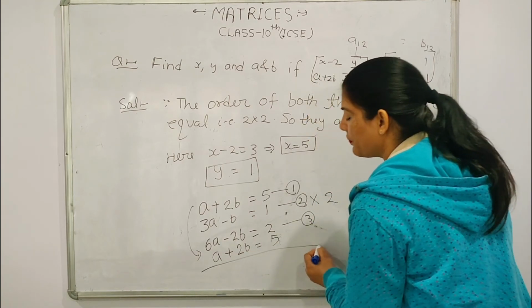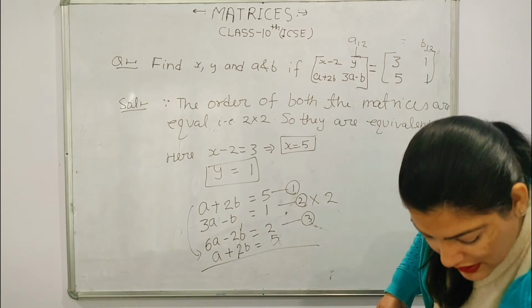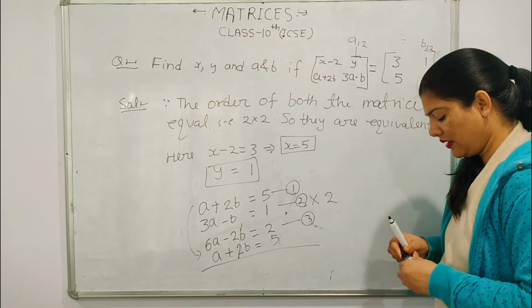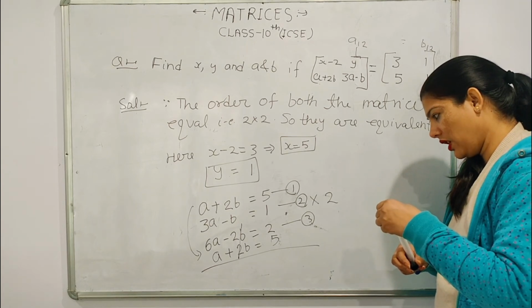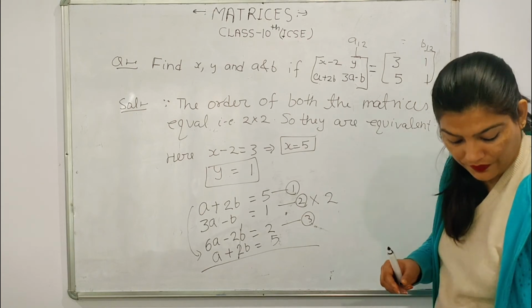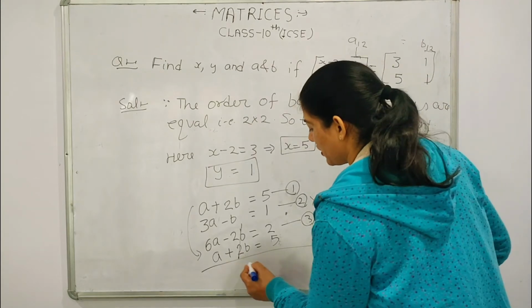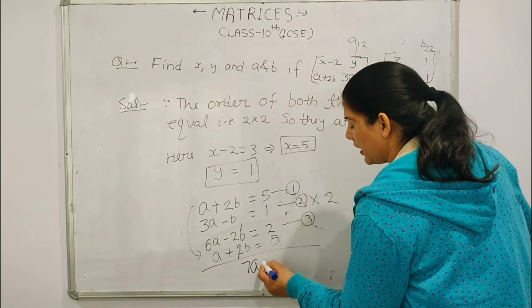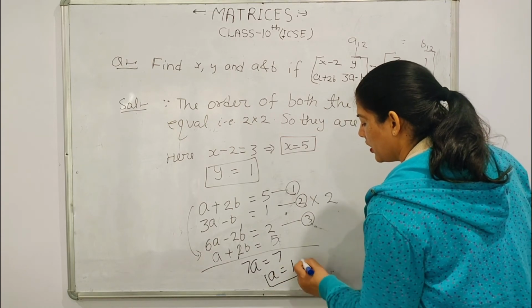If you add these two equations, then 2B is cancelled by minus 2B, and 6A plus A gives you 7A, and on the right hand side we have 7 also, because 2 plus 5 gives you 7. So 7A is equal to 7 and A is equal to 1.